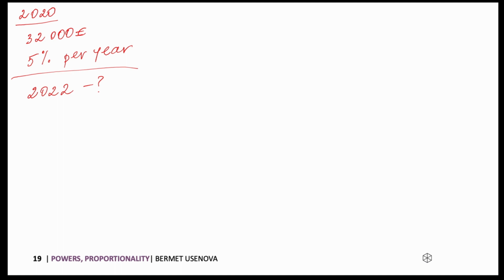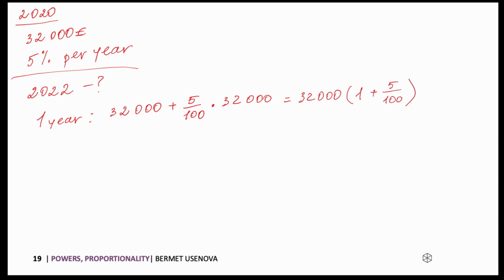Let's calculate it for each year separately. As in the previous example, by the end of the first year, on your account you will have the 32,000 euros that you put, plus the interest that the bank paid you. We can also rewrite it like this here. In total, you will get 33,600.